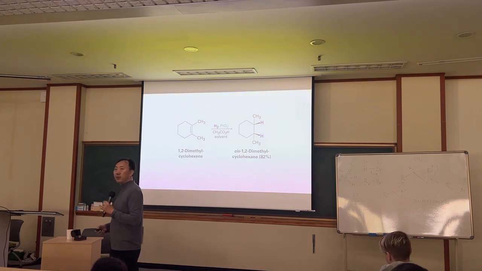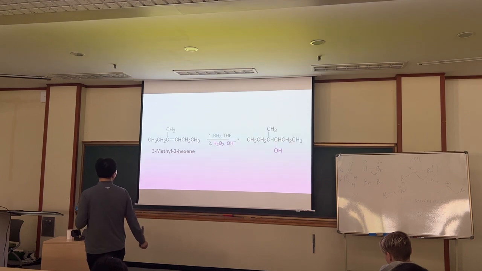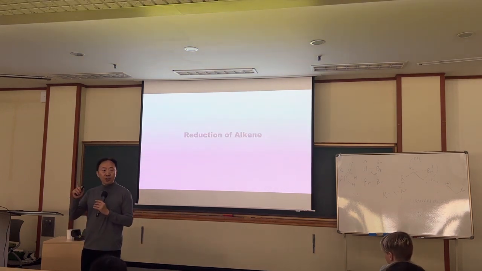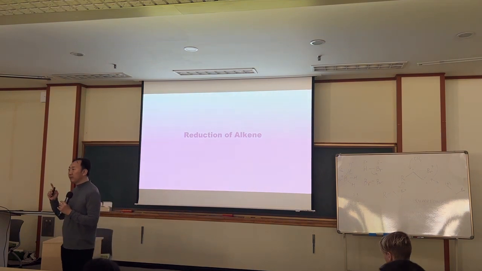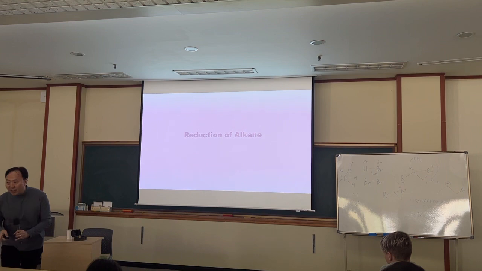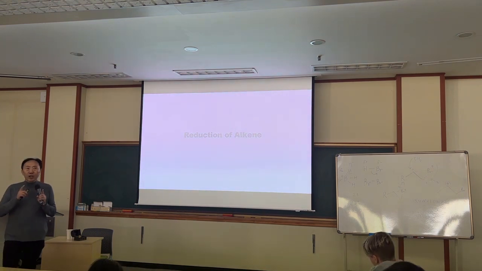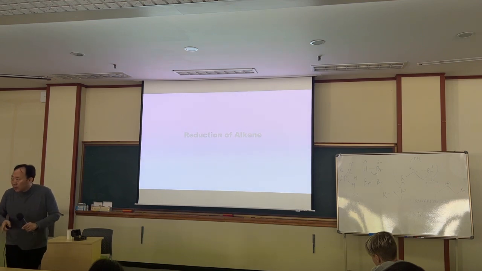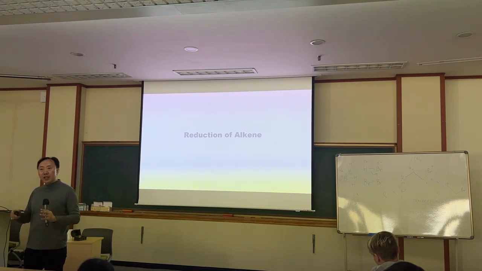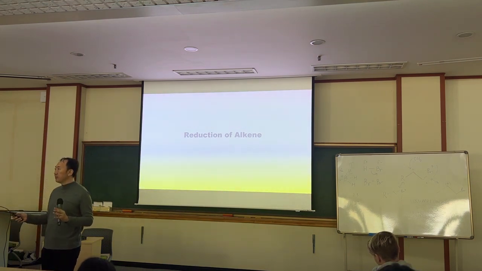So the title was a little big, reduction of alkene, but we just learned only one thing, hydrogenation. By adding hydrogen, we need to activate hydrogen by the metal surface. Then two hydrogens are attached together to the same side. Which side? The more open side, the side with less steric hindrance. Okay?